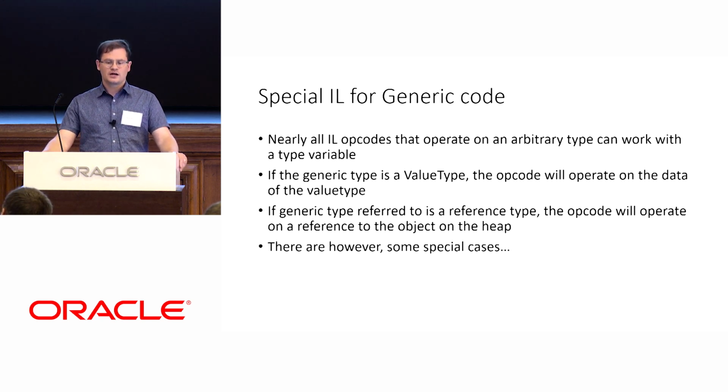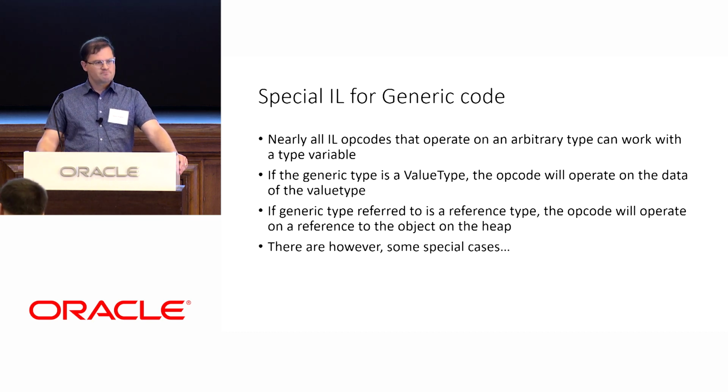So how do we actually generate IL for generic code? The .NET IL is very similar to Java, but there are a few spots where it's a bit different. In general, a lot more of our opcodes take explicit type parameters. And nearly all of those opcodes can work with any type variable, with the general model that if the type variable refers to a value type, the opcode operates on the data of the value type.